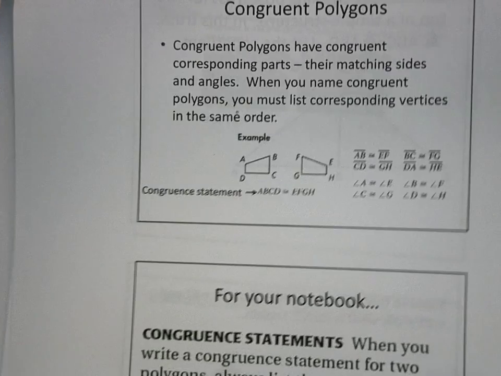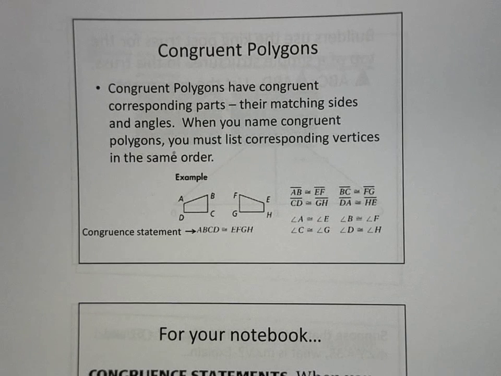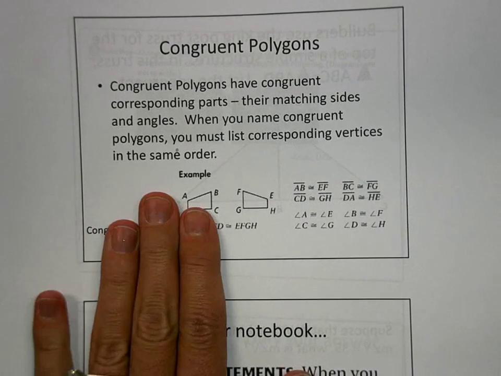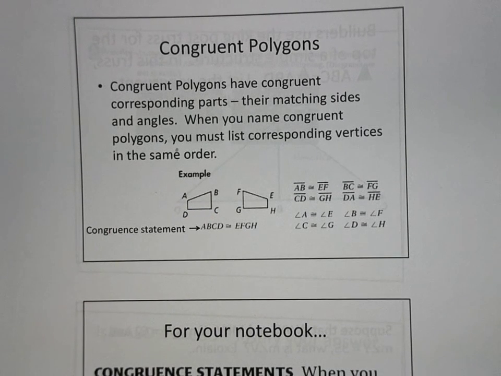So at the bottom of page 121, we're talking about congruent polygons, and when they are congruent, the pieces of them are the same. Correct? Now, sometimes when I see all these letters, it is a little bit confusing. So one of my suggestions is that when they tell you something is congruent, I like to transfer the letters from one figure to the other, so it's right there and very obvious which letters go with which letters.